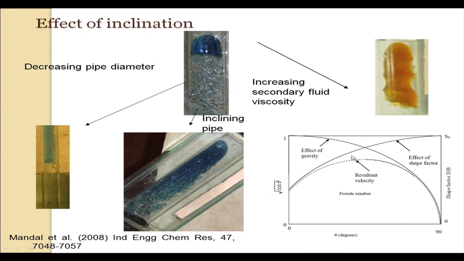Due to this opposing effect, if the resultant velocity is plotted, we find that the velocity is not maximum in the vertical orientation, rather it is maximum at some intermediate angle of inclination which lies between say 40 to 55 degrees. So in this case, the bubble rise velocity is maximum.